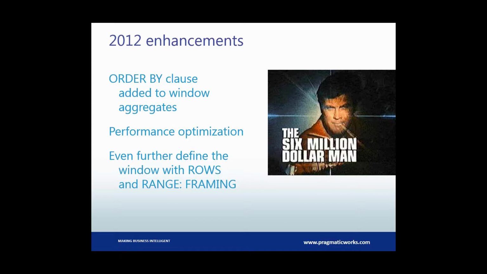Okay, so the first thing that we got in 2012 is that we are now able to add an order by clause to the window aggregate. When I first heard about this, I was like, what? What in the world is that going to give us? You'll see in just a minute. When we add that order by clause, we now have a performance optimization to make this run really well.